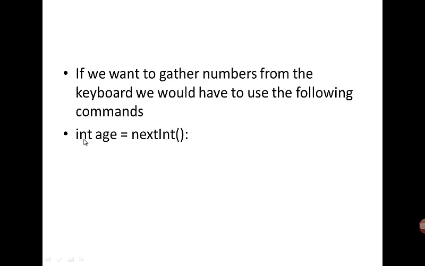I would use int because I'm using numbers. I could use the variable age, and then instead of just having the word next, I would have nextInt, just like this, and we need to make sure we use a capital I. And this again needs to be a semicolon. If we use a lowercase i, we would get an error when we try to compile the program.